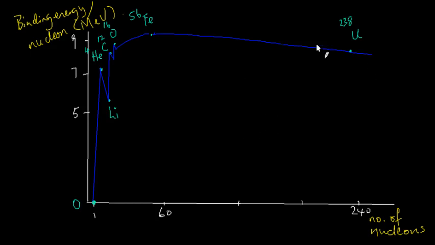In between there are many elements which I've not shown. I've just shown those that give more obvious features. So that's what an overall graph looks like for many of the elements that exist.